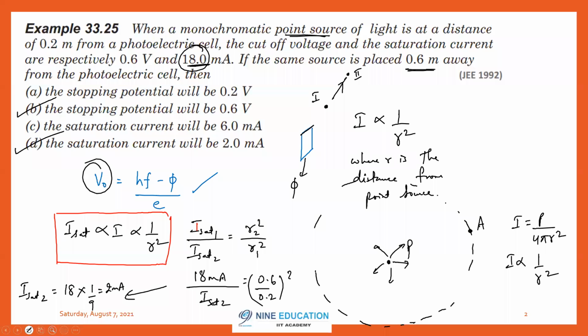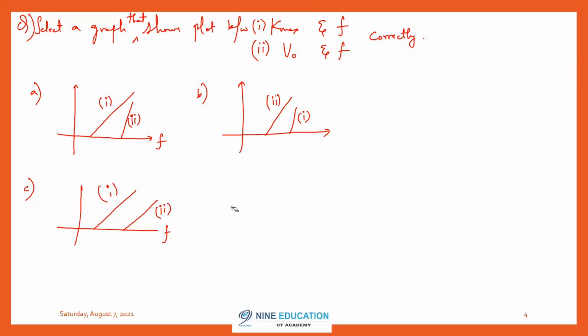Now tell me, have you understood this question? This is IIT JEE 1992. Understood, everyone? Next question. Select a graph that shows the plot between Kmax and F, V0 and F correctly, for a given metal.